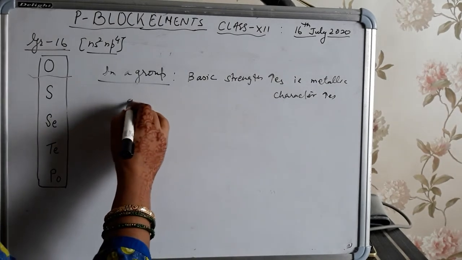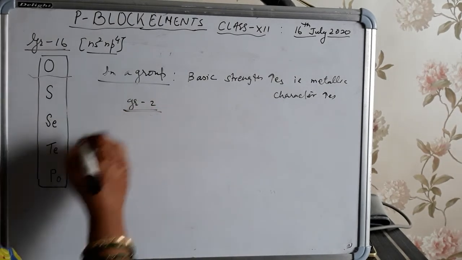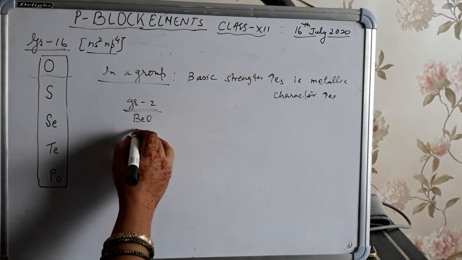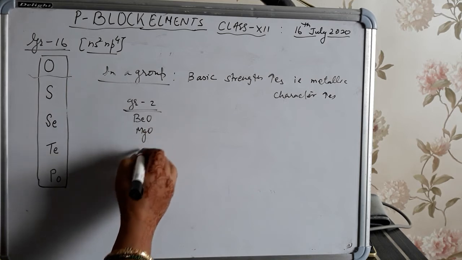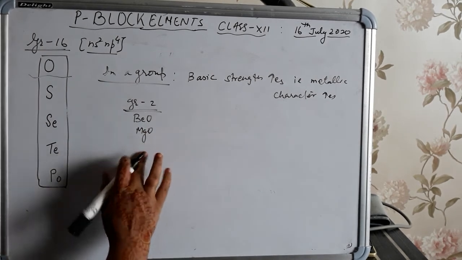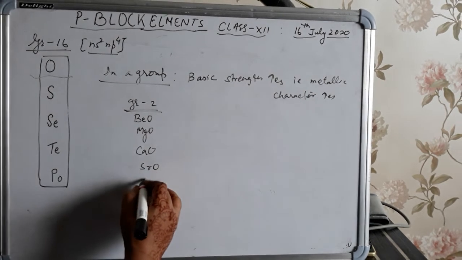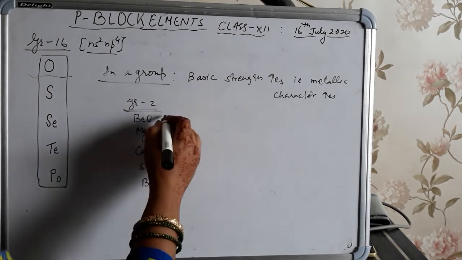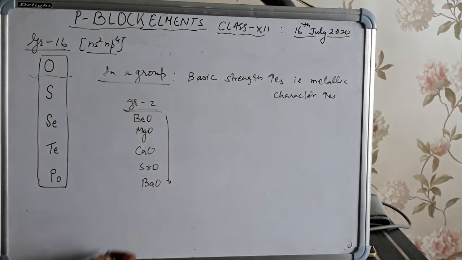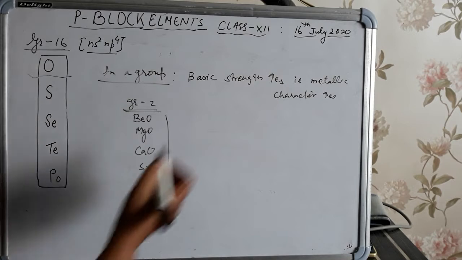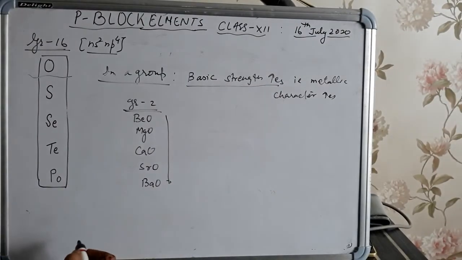For example, in group 2: beryllium oxide, then magnesium oxide, then calcium oxide, then strontium oxide, and then barium oxide. So when we move top to bottom in a group, the basic strength increases because metallic character increases.